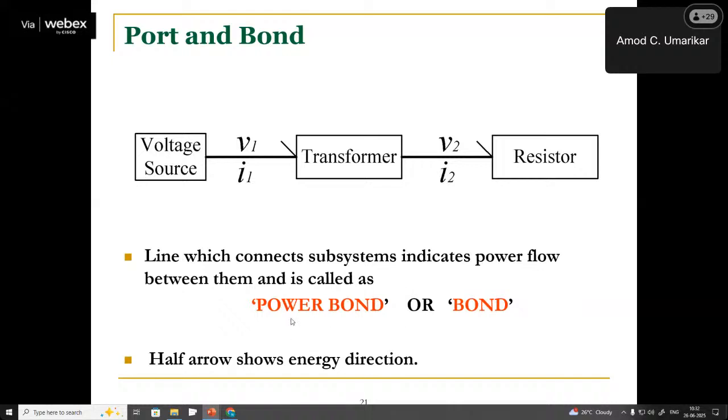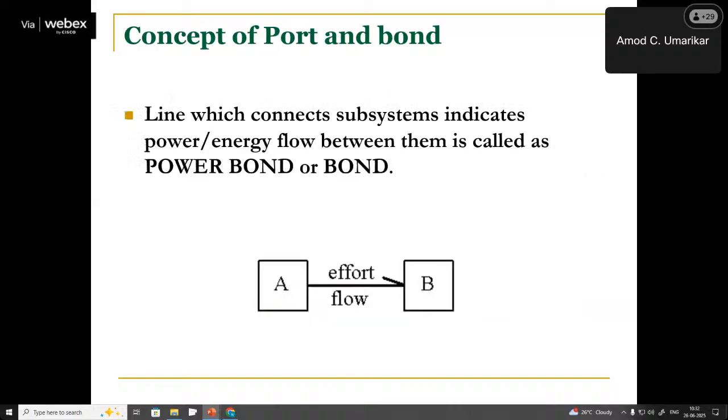Generally it is implicitly a power bond, but to reduce the number of words, we simply say bond. And the half arrow is used to differentiate: if you put a full arrow, generally we use it for signals. So to differentiate between power and signal exchange, this is represented as a half arrow. The half arrow shows the direction of power or energy flow.